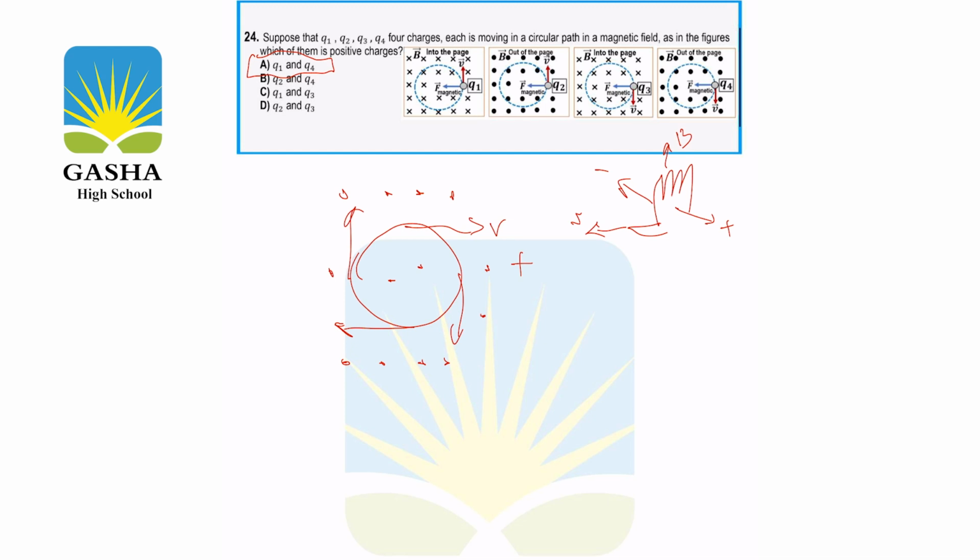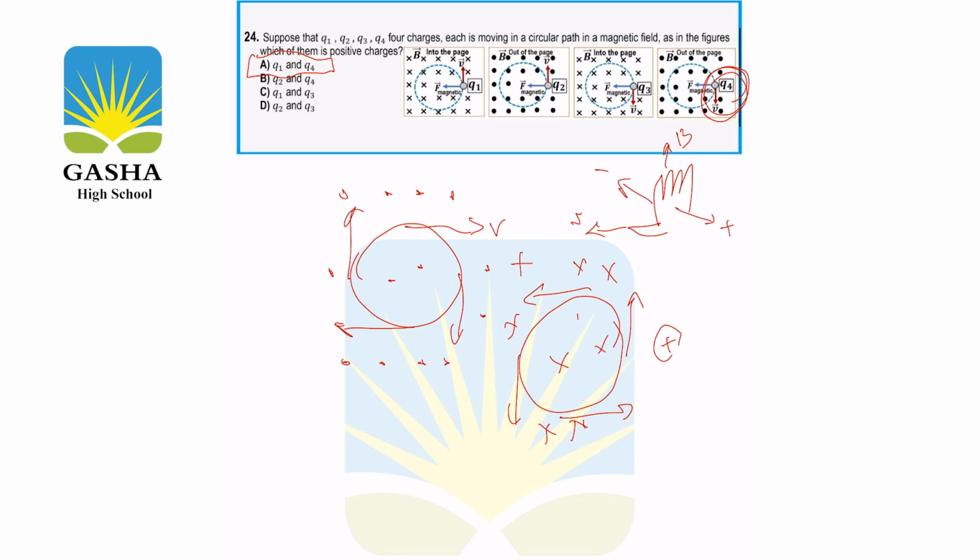Okay, the charge is positive. As we can see here, Q4 is positive. And when the rotation is counterclockwise, and the field is into the page, again, the charge is positive.